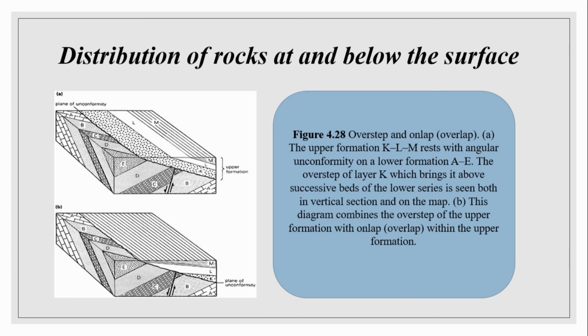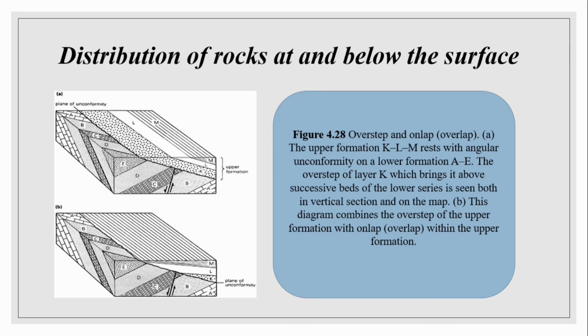Figure 4.28. Overstep and overlap. The upper formation lies with angular unconformity on a lower formation. Sometimes the combination of topography and geology can produce map patterns that are quite complicated, with patches of one unit surrounded by others.